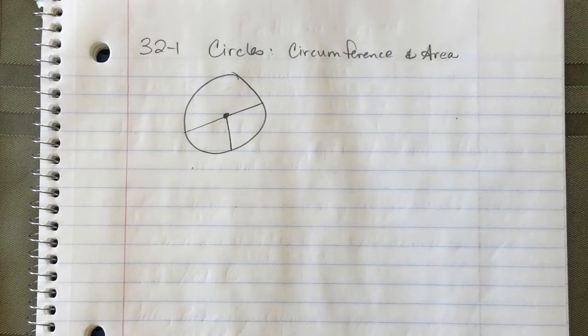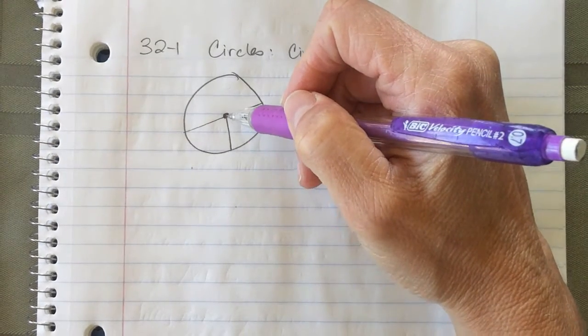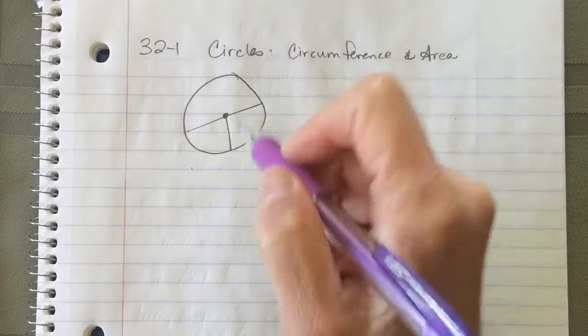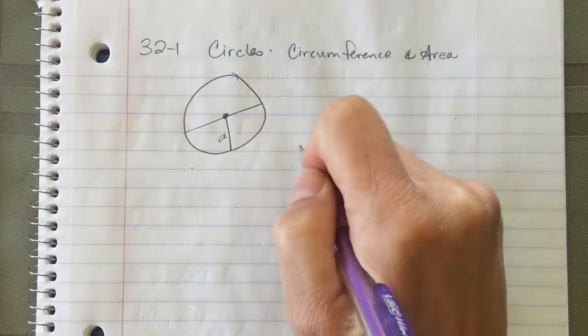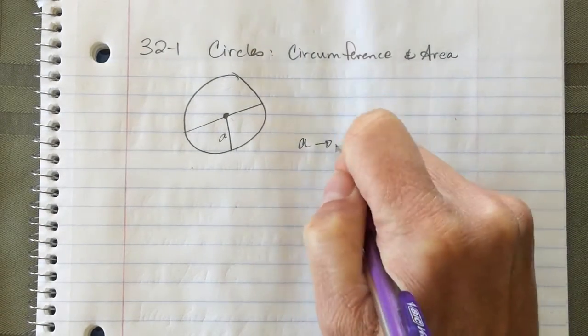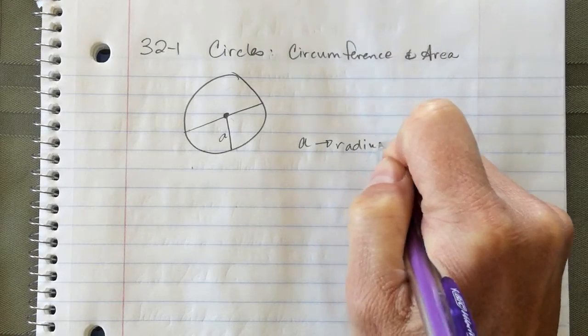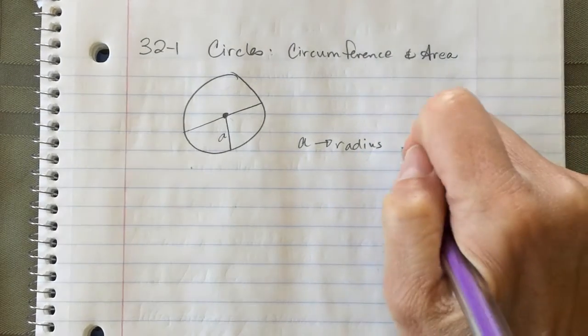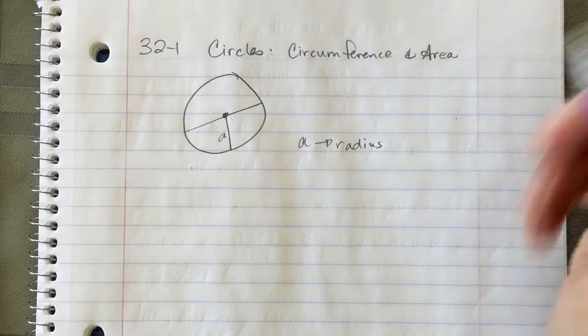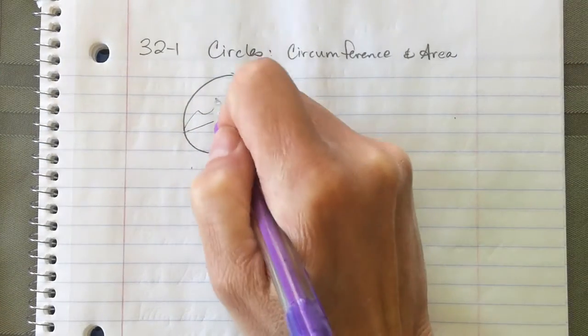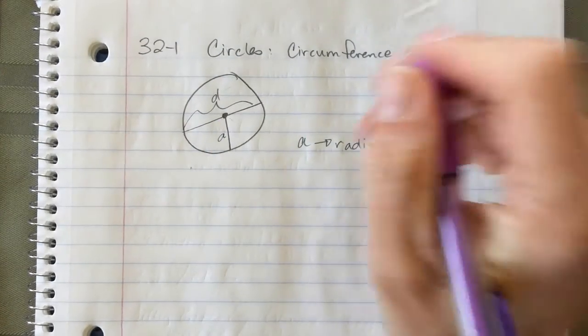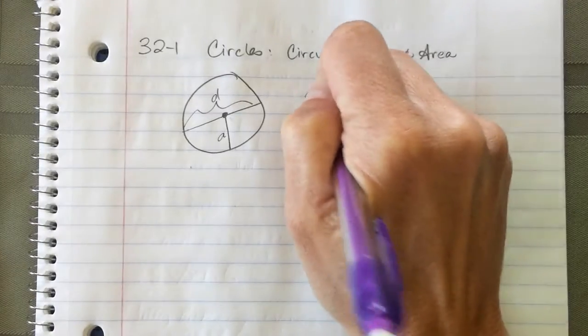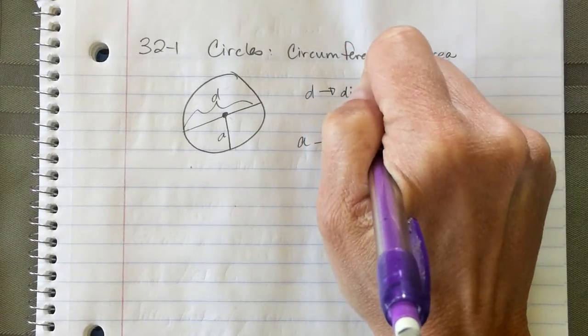There. So I have my center point in the circle, and I have a segment from that center point to the edge. I'm going to label that A. Segment A is what we would call a radius. Remember that a radius goes from the center to the edge. I'm going to name this whole distance D. You'll see why. D is what we are going to define as a diameter.